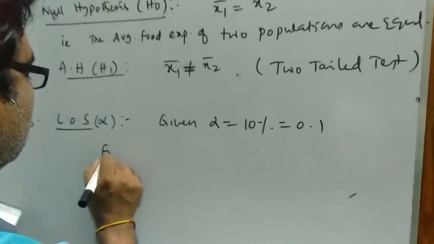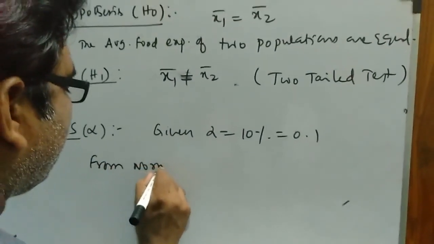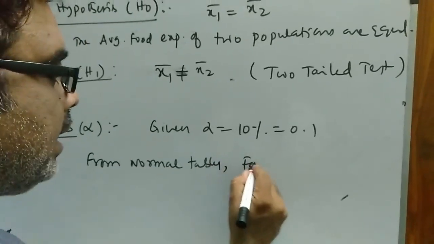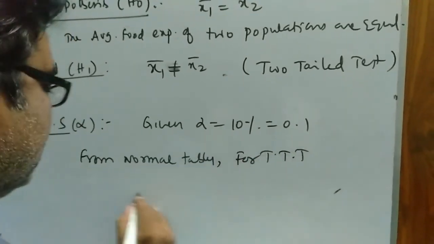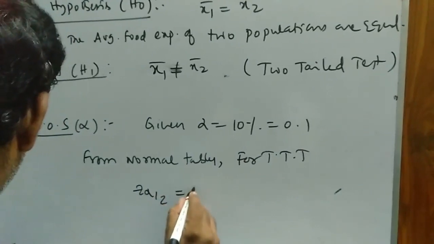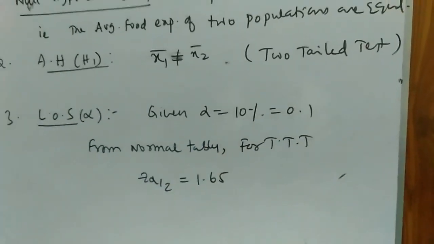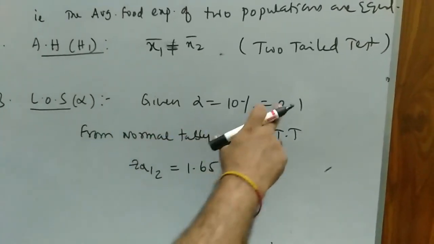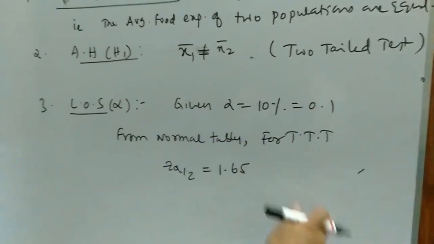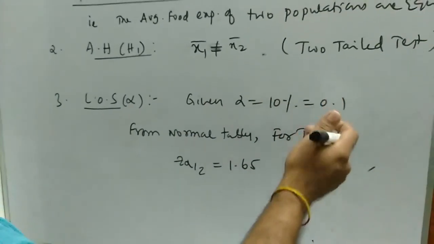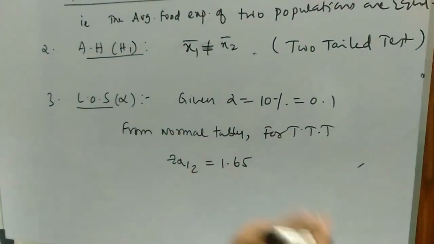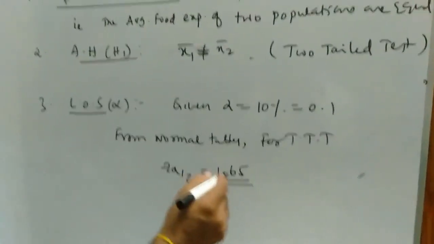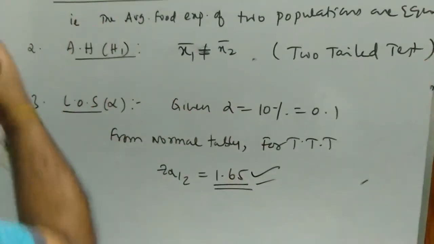And from the normal distribution tables, for a two-tailed test, z alpha by 2 is equal to 1.65. See how the value is obtained from the table: 10%, that is 0.1 area, two-tailed means half of 0.1, so 0.05 area. Wherever that area is, the corresponding value is 1.65. This will be obtained from the tables.